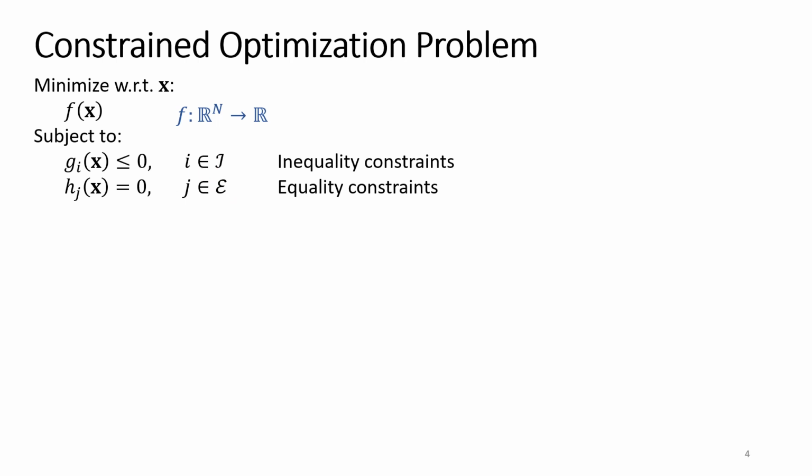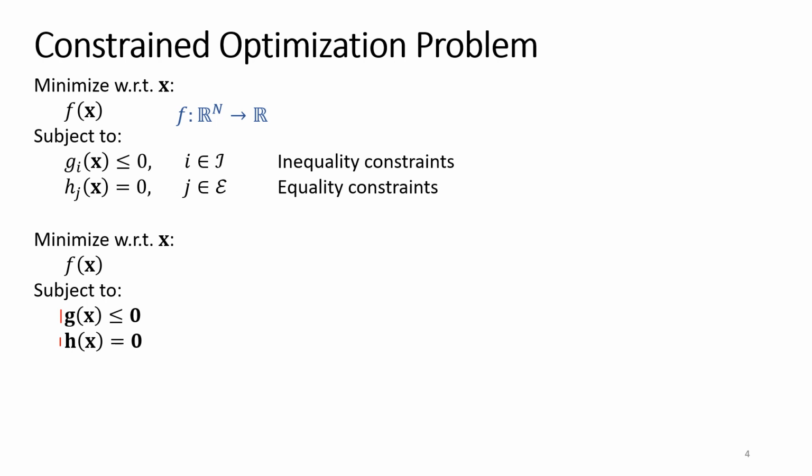The constrained optimization problem can be rewritten vectorially in this fashion. Minimize with respect to x, f of x, subject to a single vector inequality constraint and a single vector equality constraint.